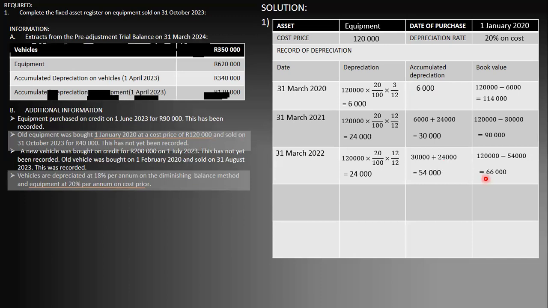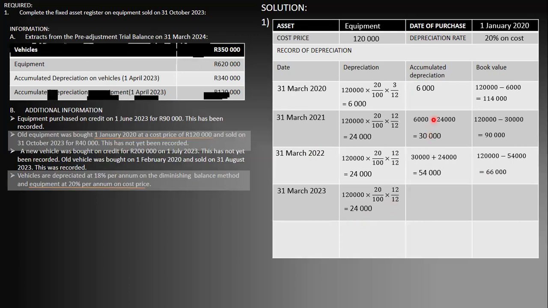Now we go on to the next financial year, which will end on 31 March 2023, right? So on 31 March 2023, we still have the full year, the same as these full years. So this does not change. We still write it as it is, and the rate did not change. This will remain the same, and that will give us 24,000.